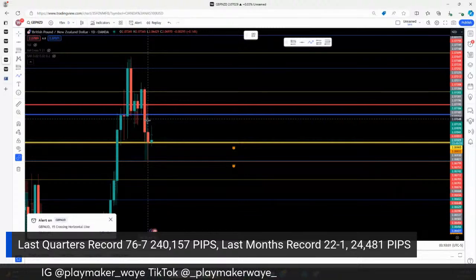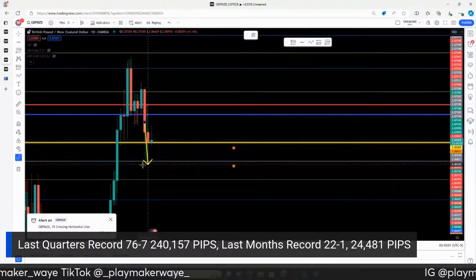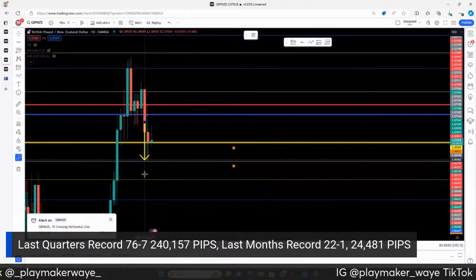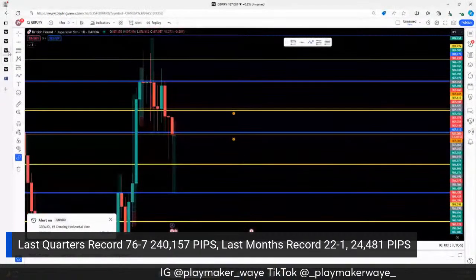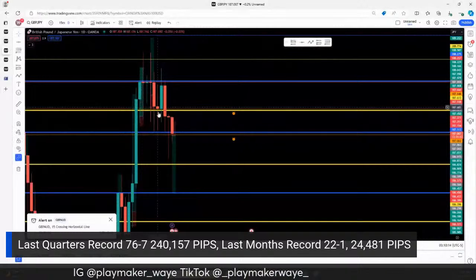So depending on what price does today with the news, we're either going to see price have the volume to break these levels and cause a reversal, or we might see price try to push back up and cause the uptrend to come back into play.